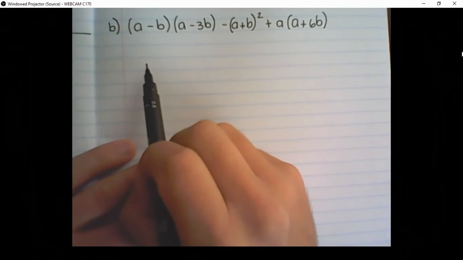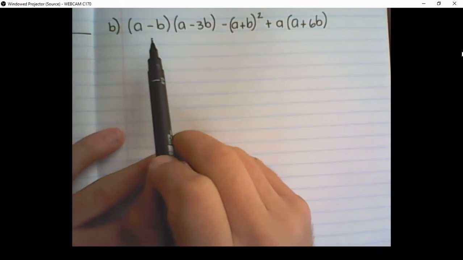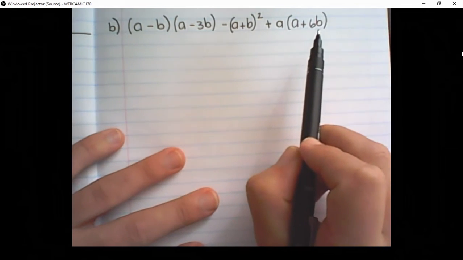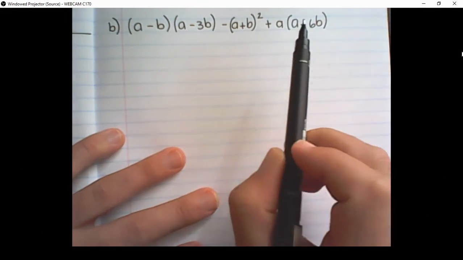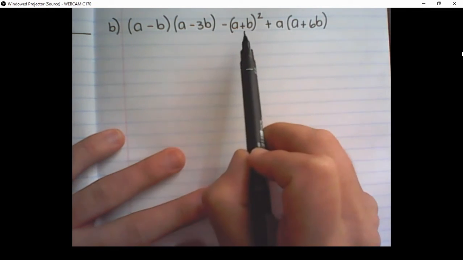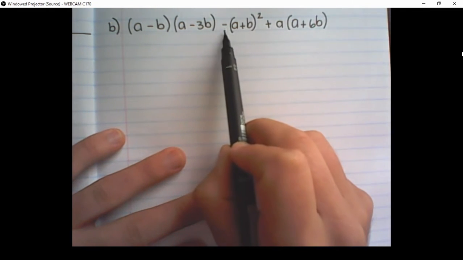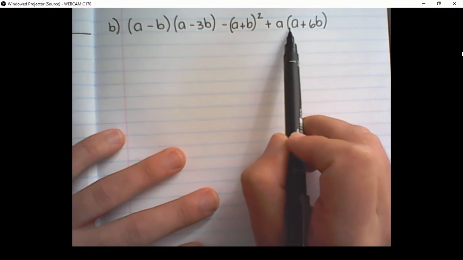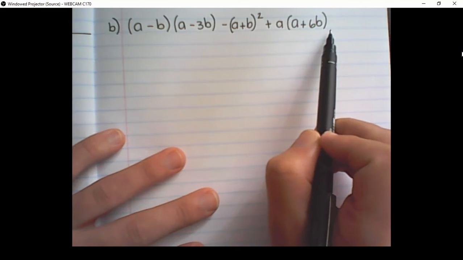So in our second example, we are combining everything we learned in the previous sections. So we have two brackets that we need to multiply out. We have a square bracket that we need to subtract. And we need to multiply out this single bracket on this side.